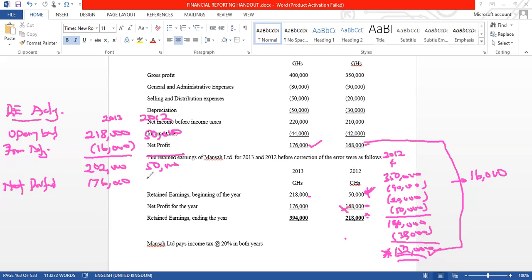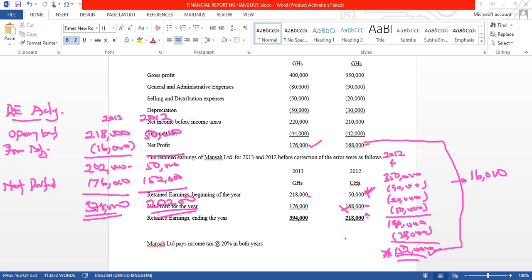No. So we need to bring in our 152. At the end of the day, you realize that we have 202,000, which is the correct adjusted retained earnings here. And we now have 378,000. So that is how we go through. And what you see here is that there is an effect on the income tax. All right, there is an effect of the income tax.